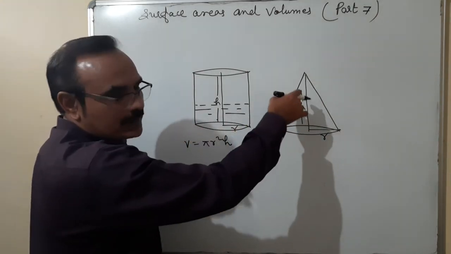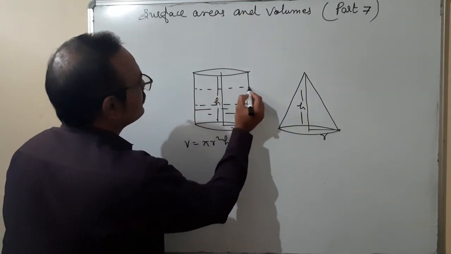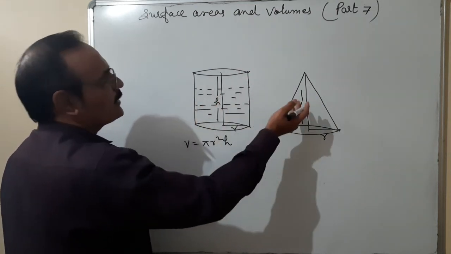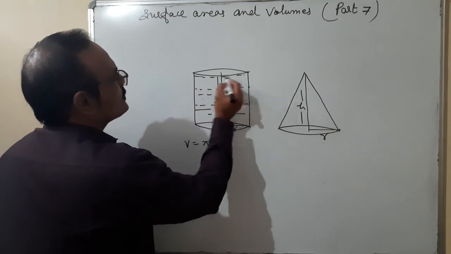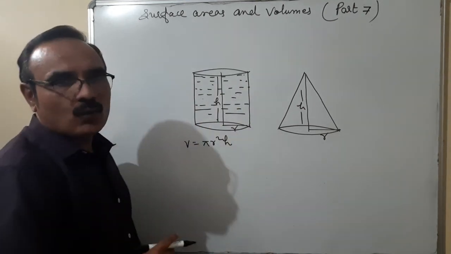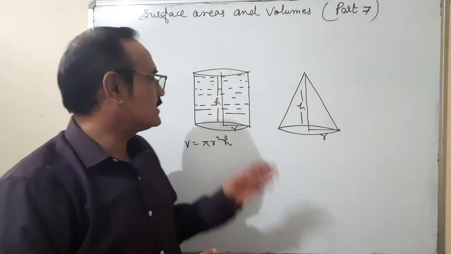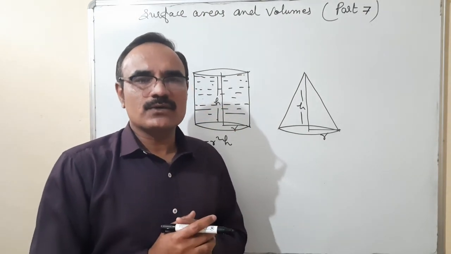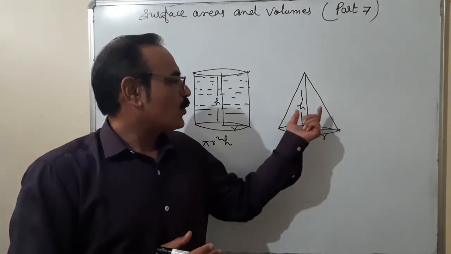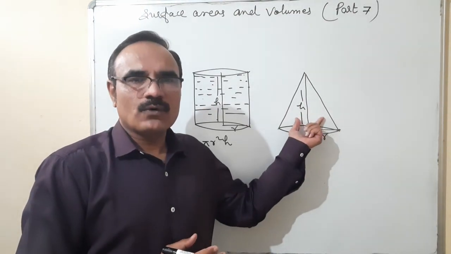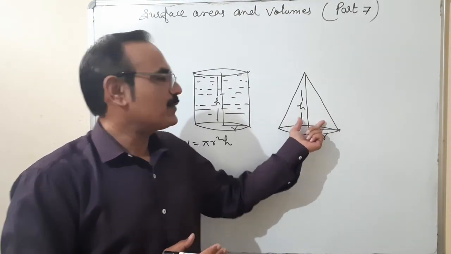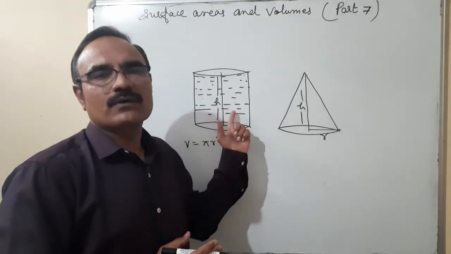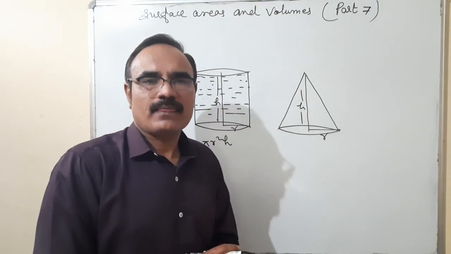Once again I fill it and pour it in, two times, and once again I fill it and pour it in. Then what would be the observation? The observation is that the cylinder will be filled up to the brim. So what is the conclusion? Whatever the capacity of this cone is, it is one third of the capacity of the cylinder, isn't it?